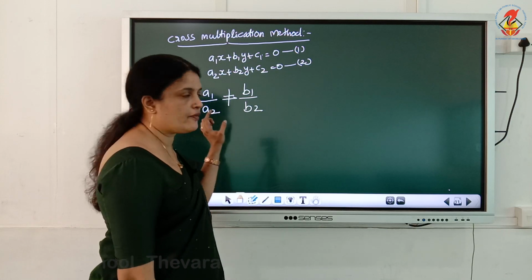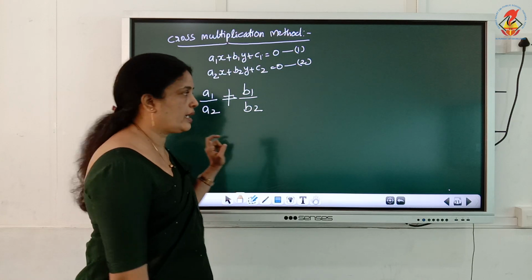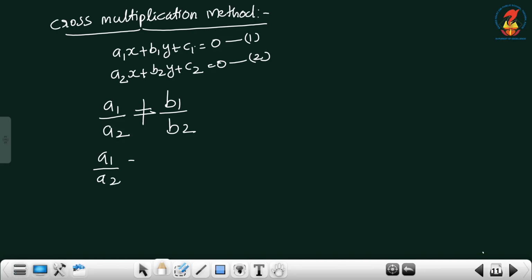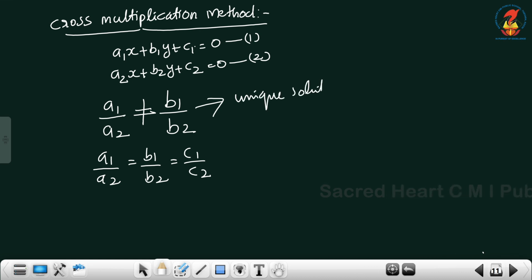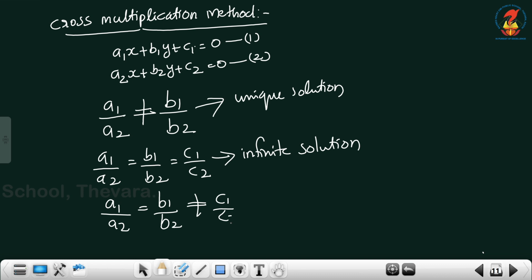What are the conditions? a1 by a2 not equal to b1 by b2 means it has a unique solution. a1 by a2 equal to b1 by b2 equal to c1 by c2, that means it has infinitely many solutions. Next, a1 by a2 equal to b1 by b2 not equal to c1 by c2, it means no solution.